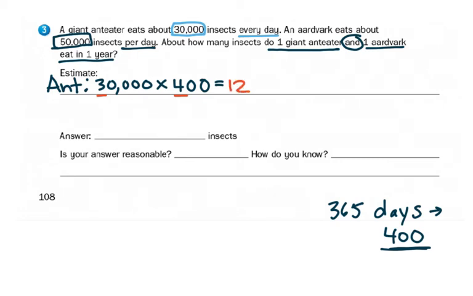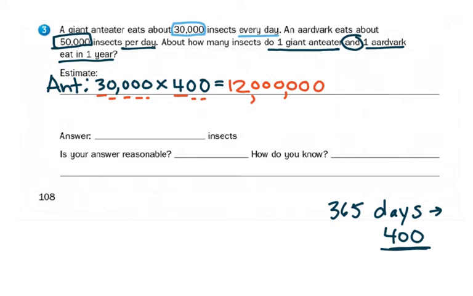Now let's count our zeros. 1, 2, 3, 4, 5, 6. Now count 1, 2, 3, comma, 1, 2, 3. In a year, an anteater eats 12 million insects.